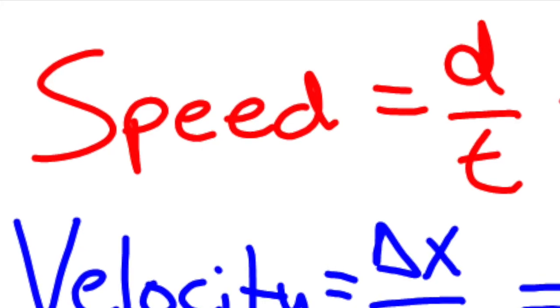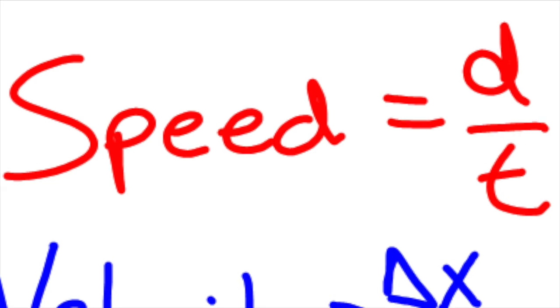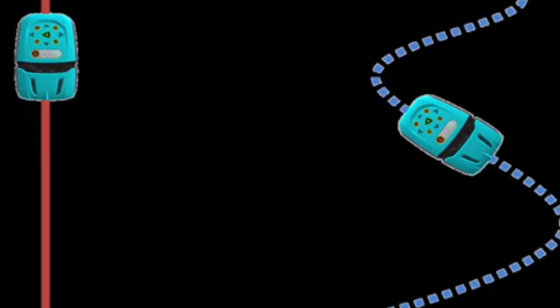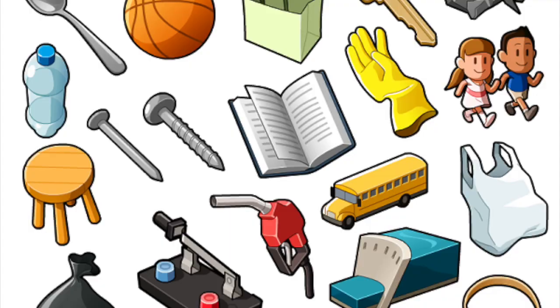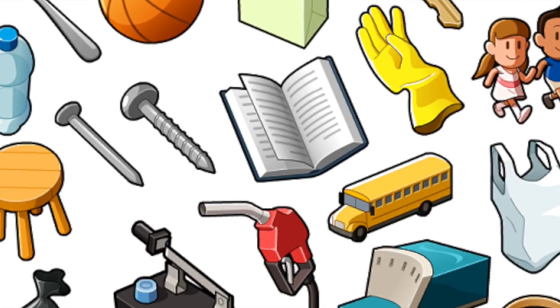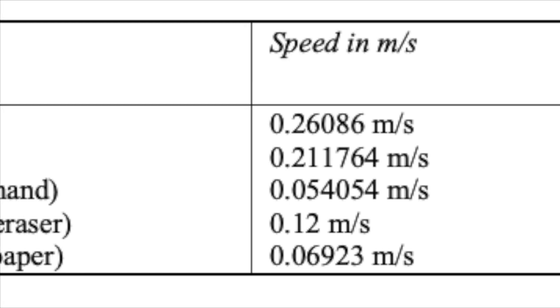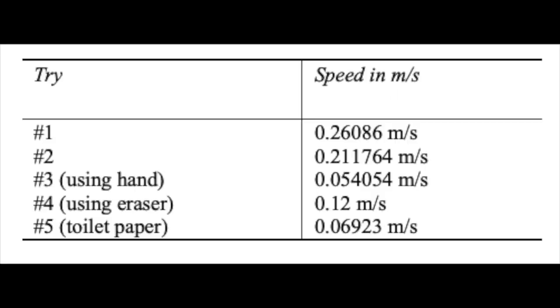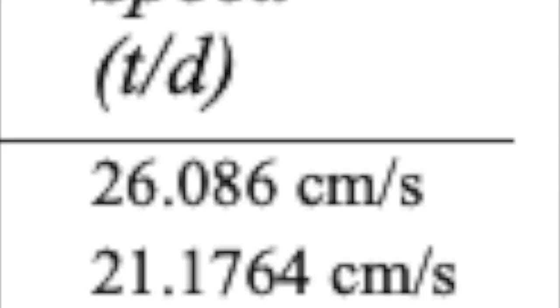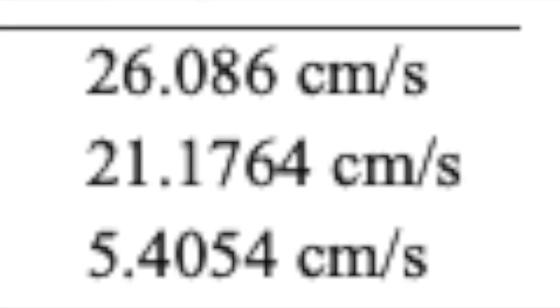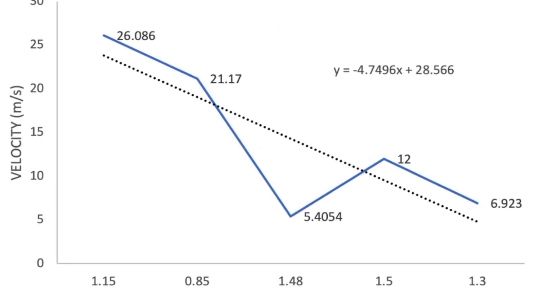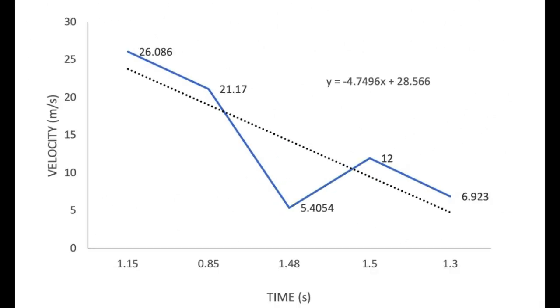The distance that will be used to get this is the distance traveled, not the total distance, because the travel was interrupted by an object that we placed. If you're willing to, you may change the velocity to meters over seconds, because when you first get it, you will have it in centimeters over seconds. Now, using the table, you can also do a graph like this that explains the change in velocity over time.